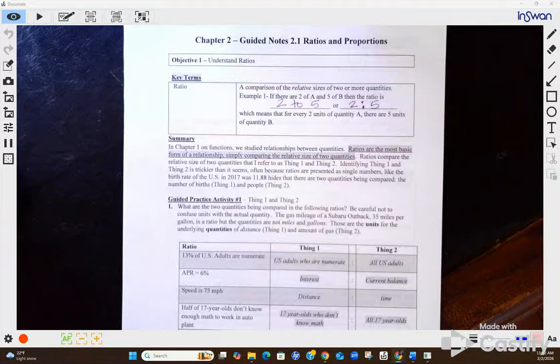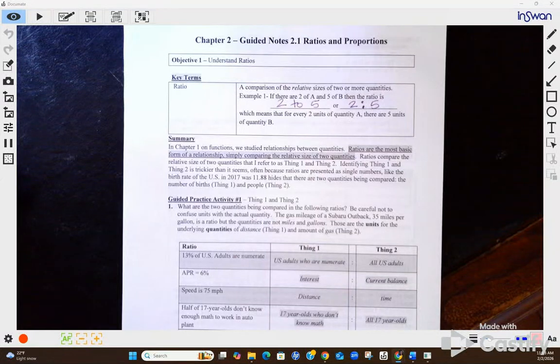So if you say that 13% of US adults are numerate, the word numerate is like the number version of literate, understands numbers. So 13% of US adults understand numbers. What are the two things we're comparing? We are talking about the US adults that understand numbers compared to all US adults.